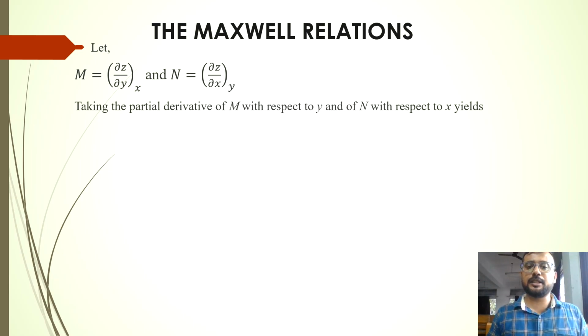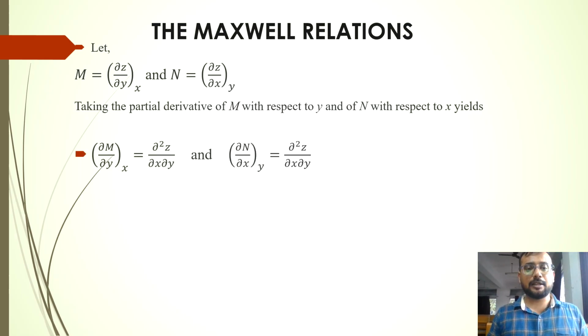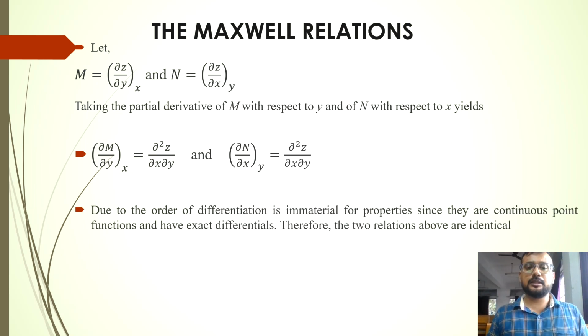Taking the partial derivative of M with respect to y and of N with respect to x yields del M by del y at constant x equal to del 2z by del x del y, and del N by del x at constant y equal to del 2z by del x del y. The order of differentiation is immaterial for properties, since they are continuous point functions and have exact differentials.